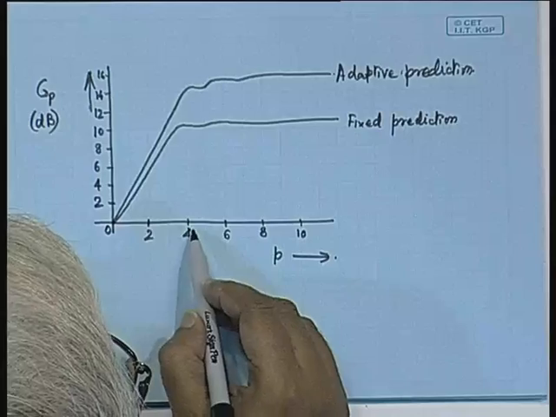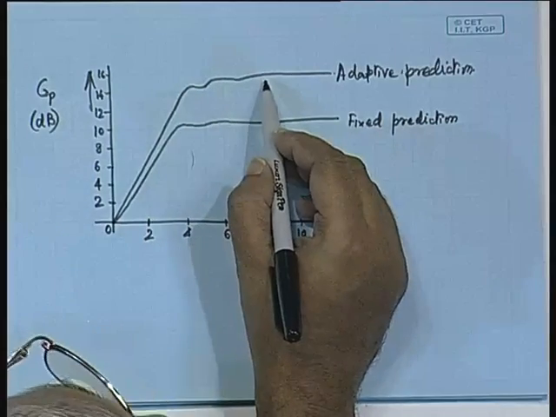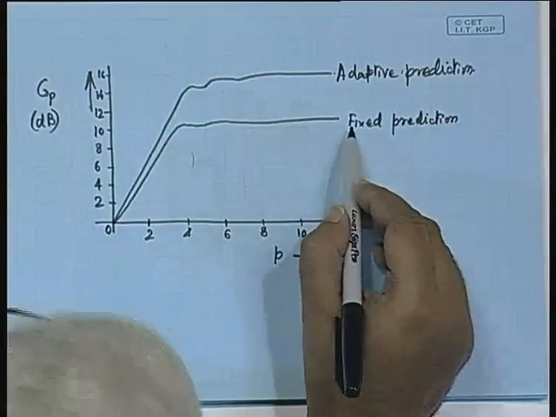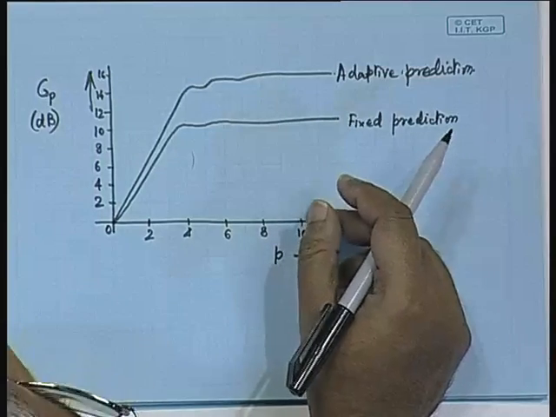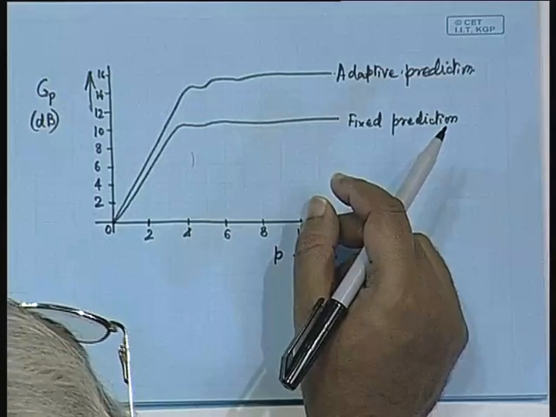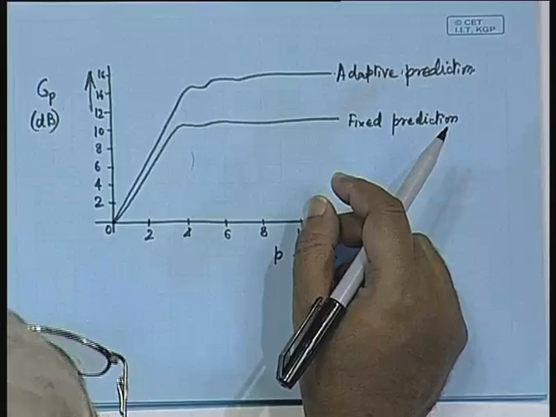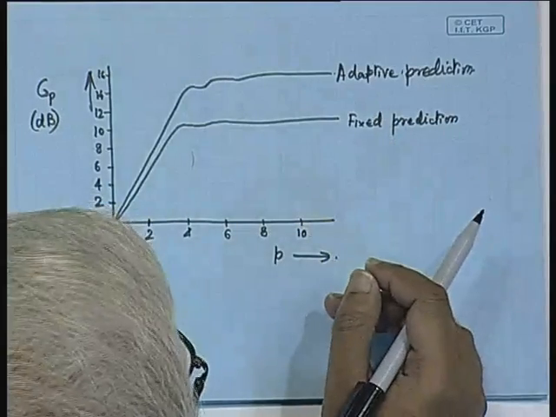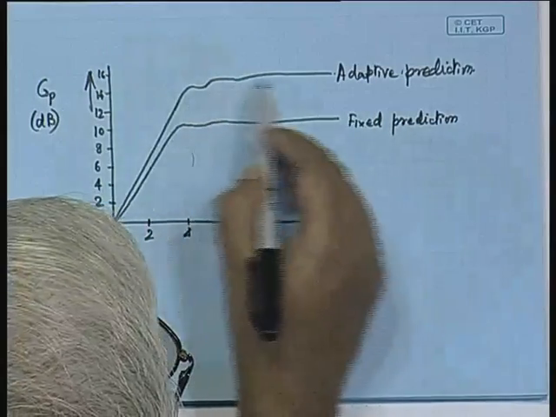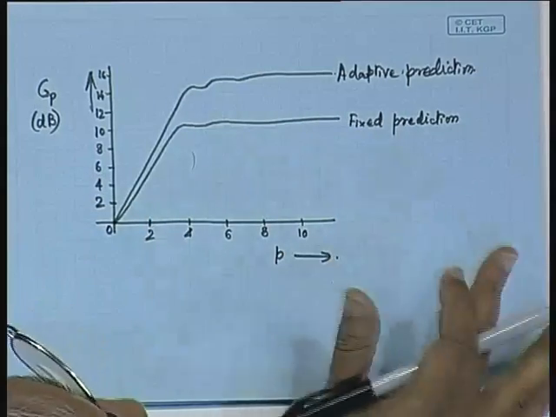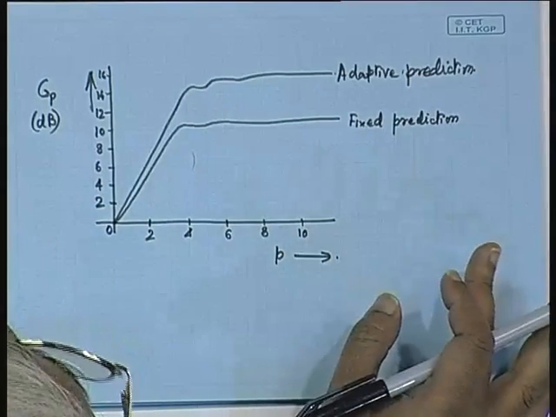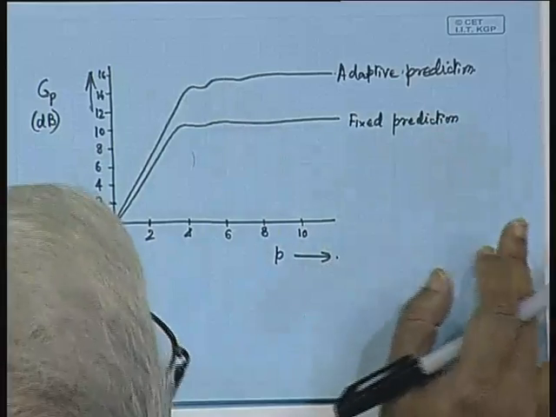But beyond P equal to 4, there is hardly any improvement, maybe 0.5 dB or less than 1 dB, which will not make any perceptible difference. So, there is not much change in gain after P equal to 4. That is why we did not have to complicate our circuitry by having very high order predictors.